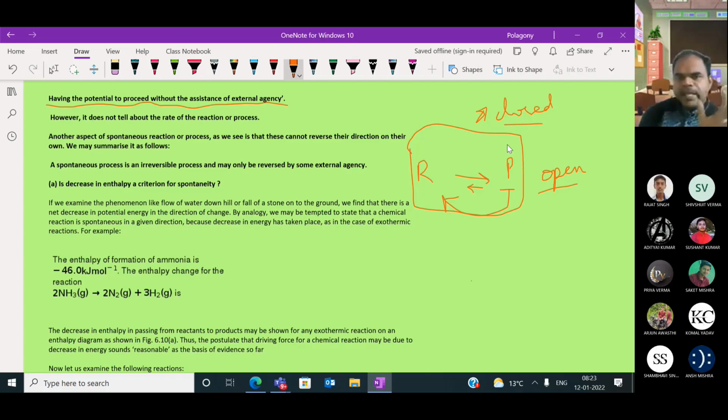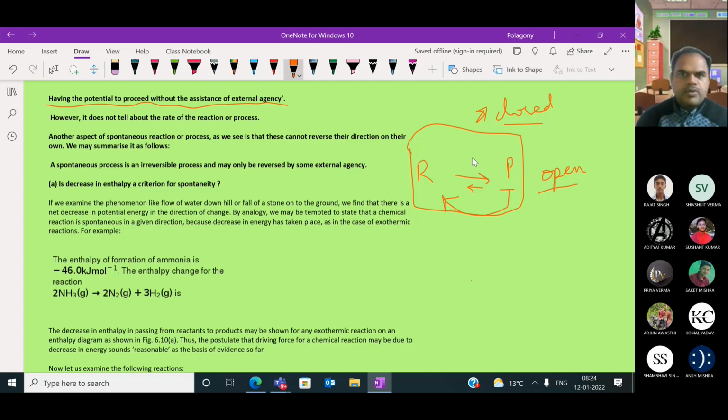By applying external agency, we change irreversible to reversible. That means equilibrium reactions: rate of forward, rate of backward. Forward and backward reactions are equilibrium reactions, which are reversible reactions. But reversible reactions are not done in nature; they are done in the closed system.